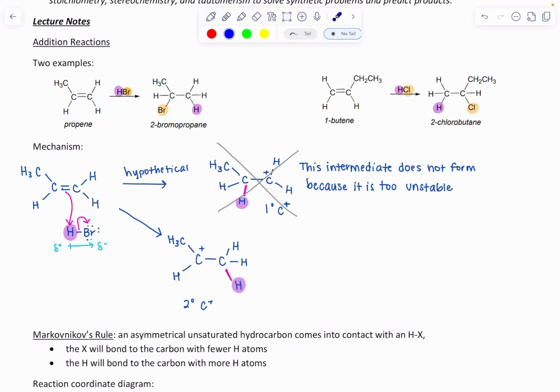Okay, now we've got our carbocation. We have also generated this Br minus. And so the Br minus and the carbocation attracted to each other, we'll get a new bond there. And then that generates the final product.